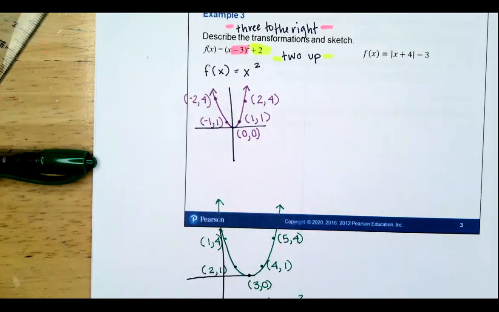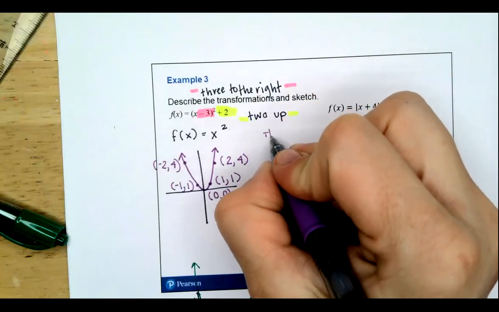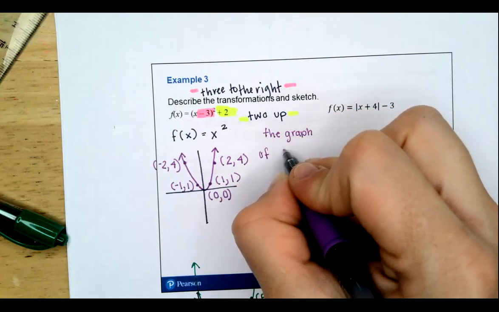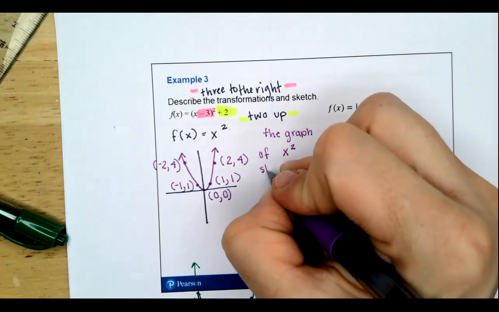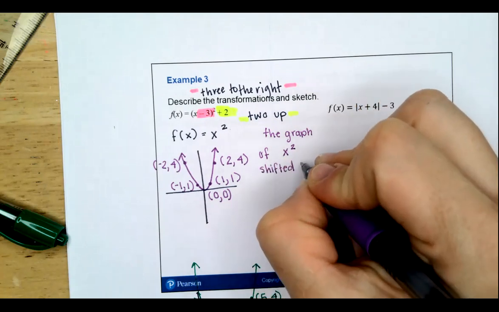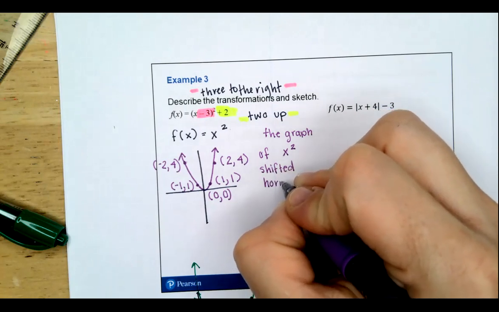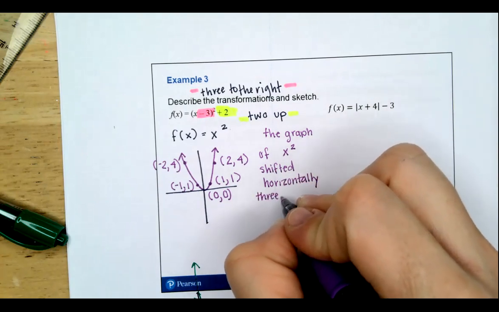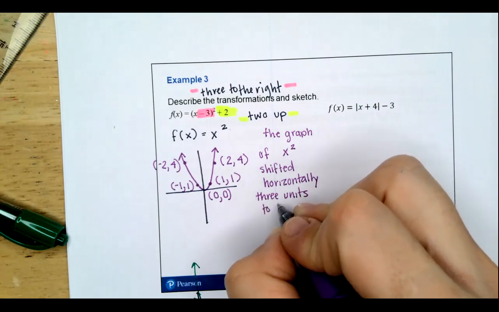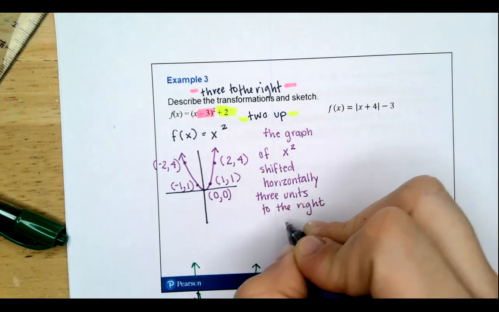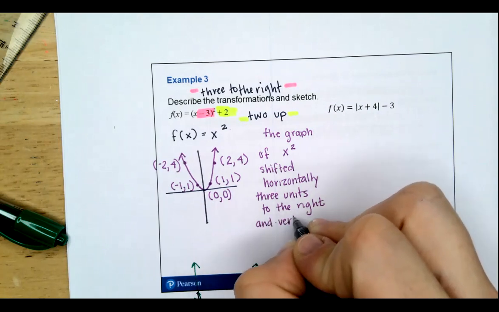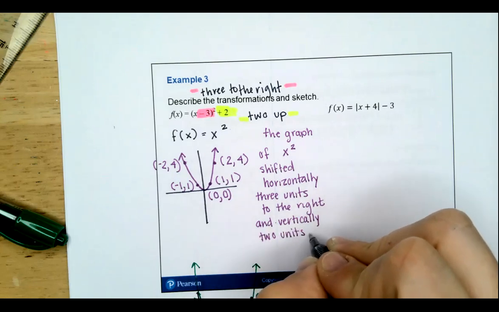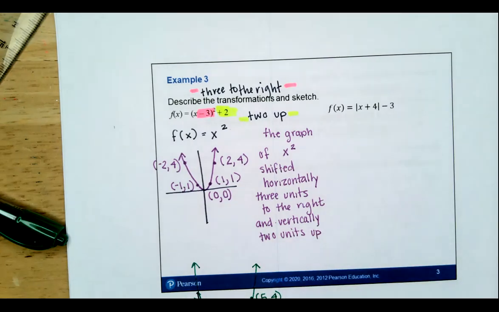So it is the graph of x squared shifted horizontally three units to the right and vertically 2 units up. Good.